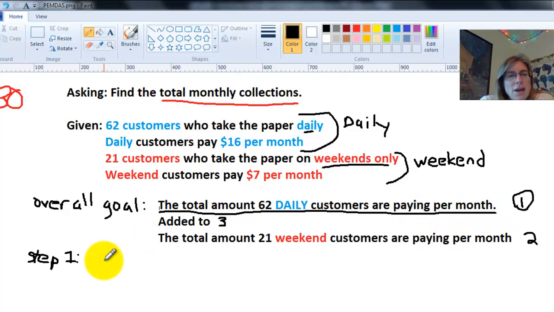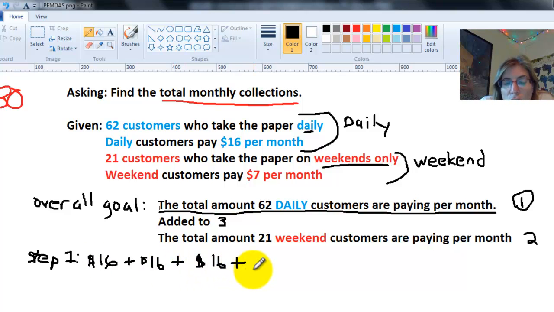If we were to imagine the paper boy collecting $16 from each customer. He went and got $16 from one customer, and now he's going to go get $16 from another customer until he ends up adding; there's going to be 62 of these $16 bits that he's collected.